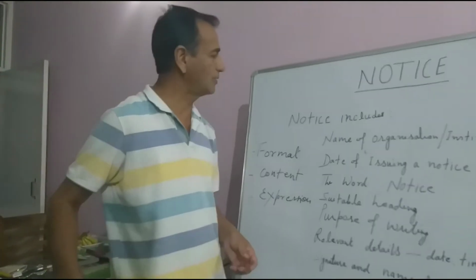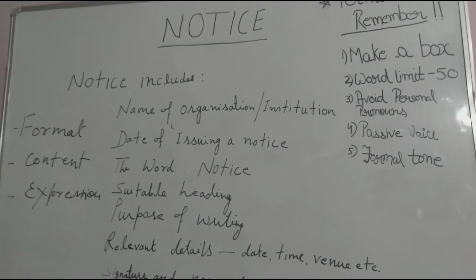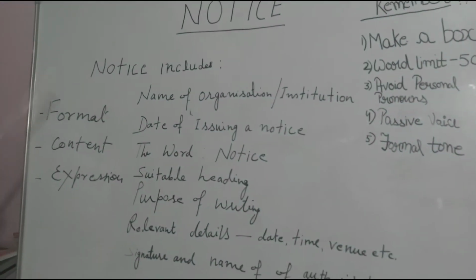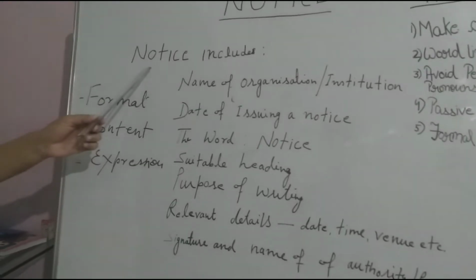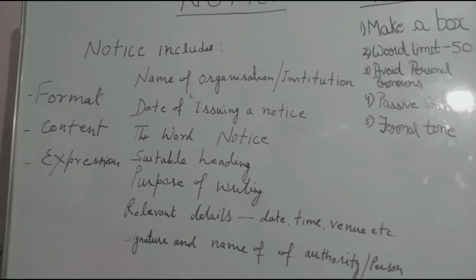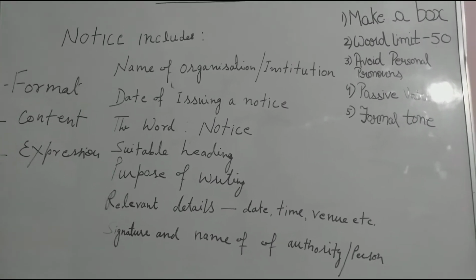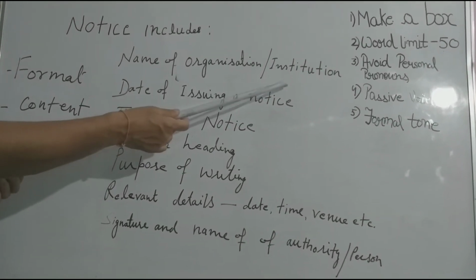So let me first tell you that in notice writing, which are the most important things which you must remember. So on the board, now you can look on the board. I have written here, a notice includes. The first thing you include in your format, that is name of organization or institution.